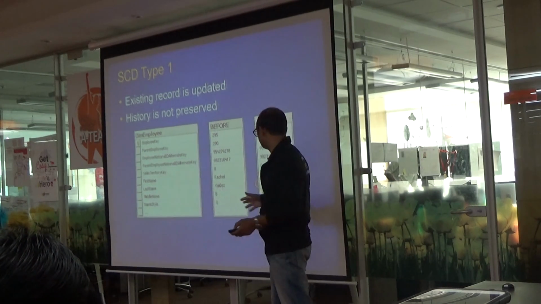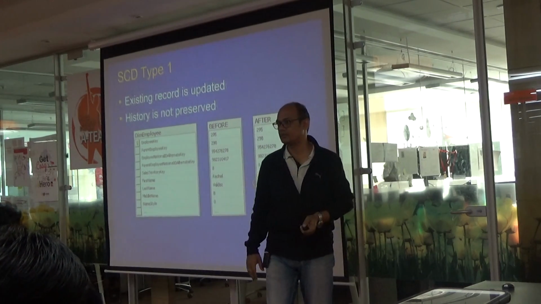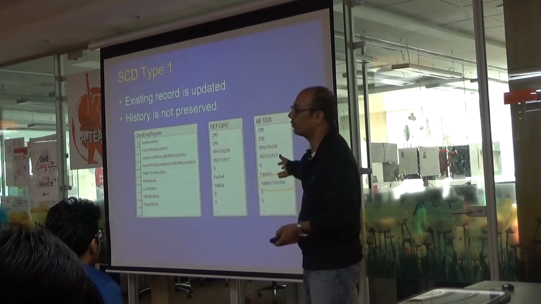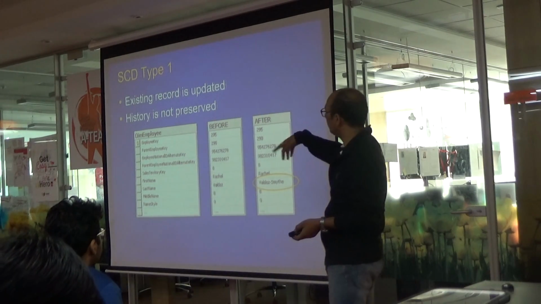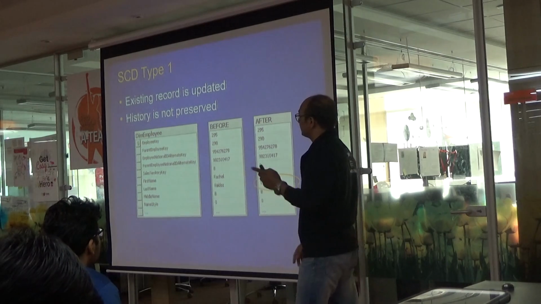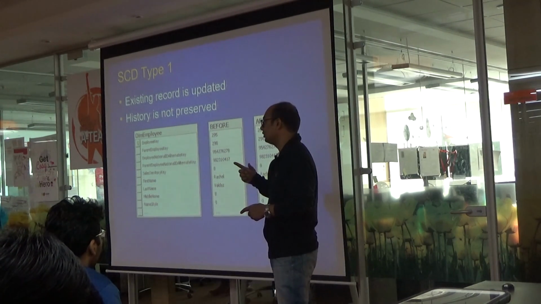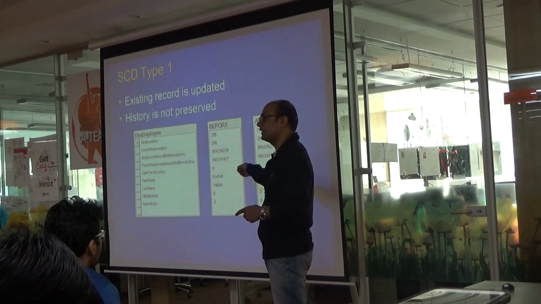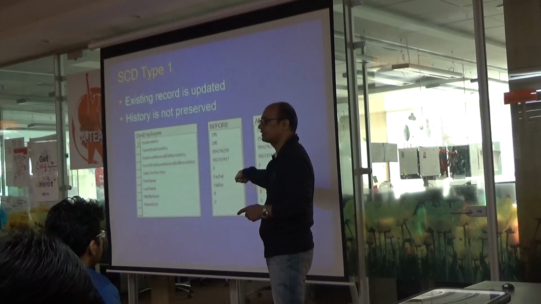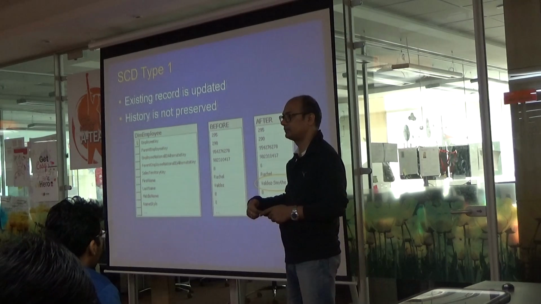It fails, because I'm not capturing that information. So I have employed slowly changing dimension type 1. Whenever you push your data into your data warehouse, you check if it is an existing record and you update it. Otherwise, you insert a new record.